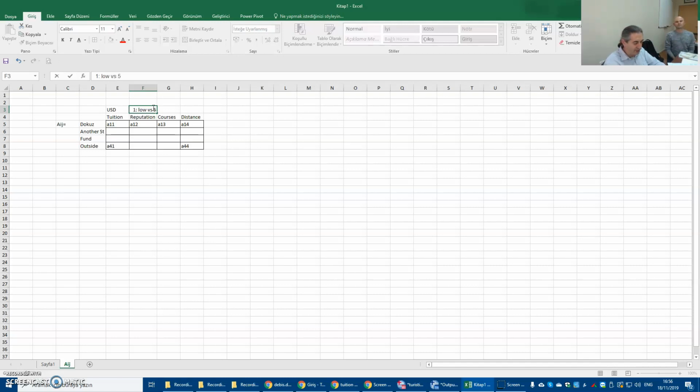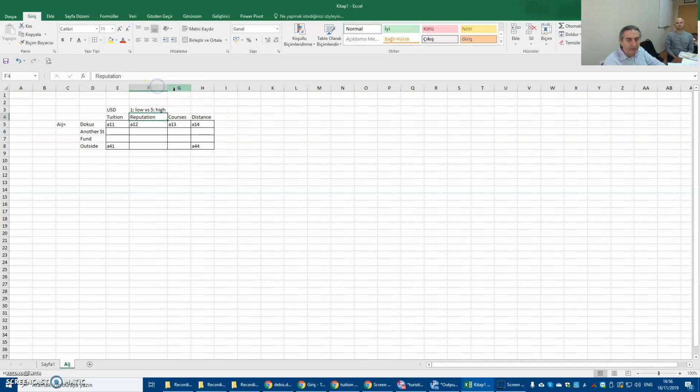Versus 5 is high reputation. Okay, got it. And courses, availability of courses, 1 is not much, versus 5 is very much, okay?